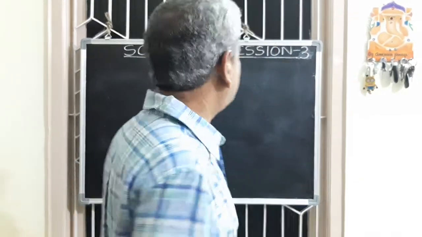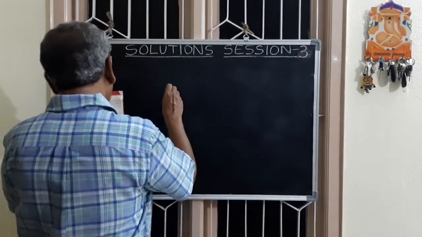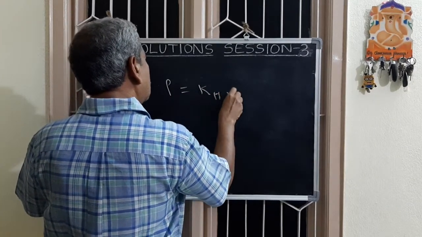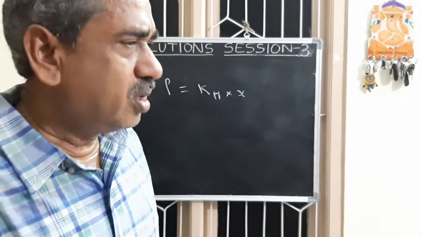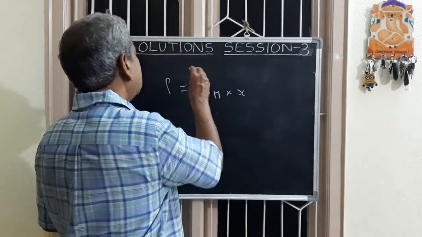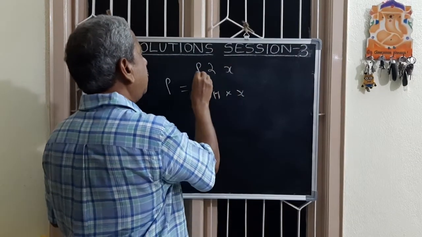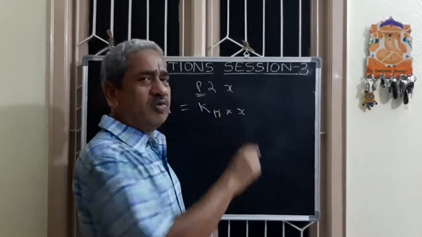In other words, Henry's law may be stated as: the partial pressure of the gas in vapor phase is proportional to the mole fraction of the solute. That is, P is proportional to X, where P is the partial pressure of the gas in vapor phase and X is the mole fraction of the solute.